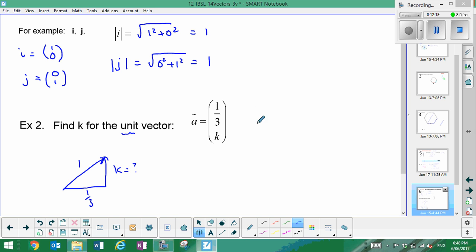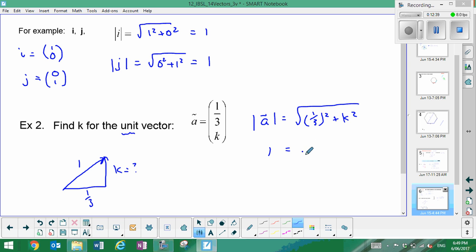So we're going to use the same story. We're going to use the magnitude of this will equal the square root of 1/3 squared plus k squared. We know this is going to be 1 because it's a unit vector.